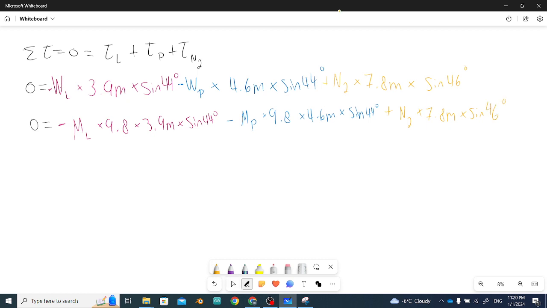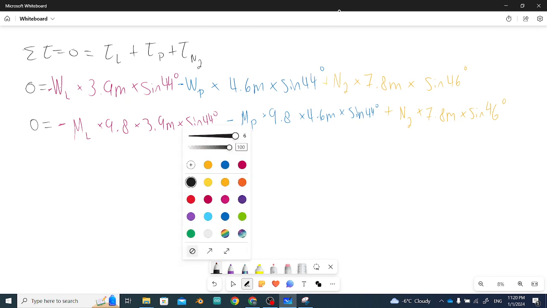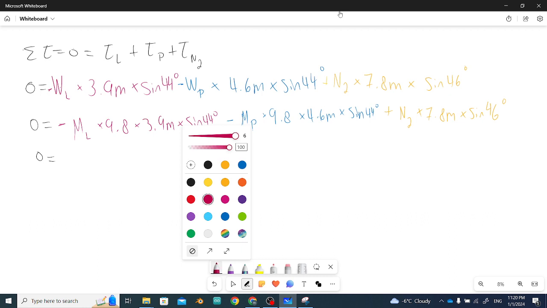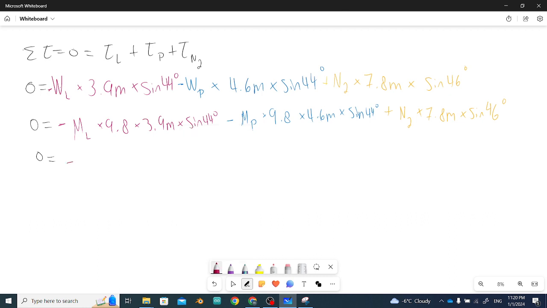Now, I'm just going to multiply everything that we can so we can simplify this equation. So first one, that would be 9.8 times 3.9 times sine 44. That's negative 26.55 mass of the ladder.